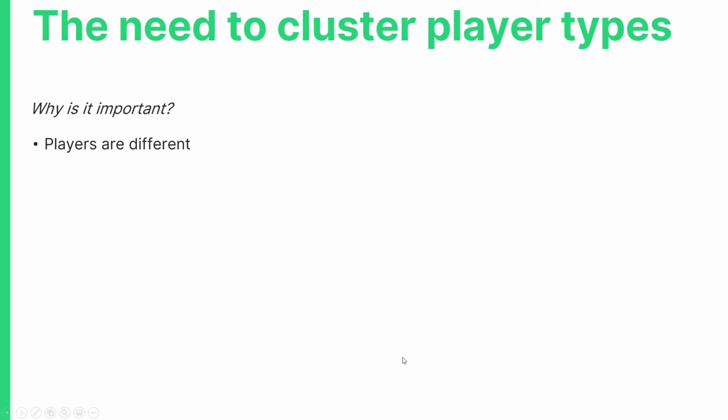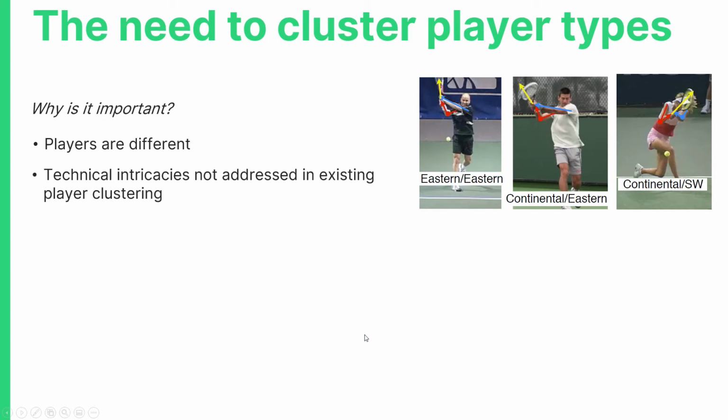So you might ask, why do we need to cluster players? Well, there's a lot of different players, so naturally grouping them has some importance when you're talking about results at a high level. And the other important thing, players are different. Now, past research has looked at clustering in tennis, and the limitation with some of that is it hasn't factored in some of the technical variables like grip.